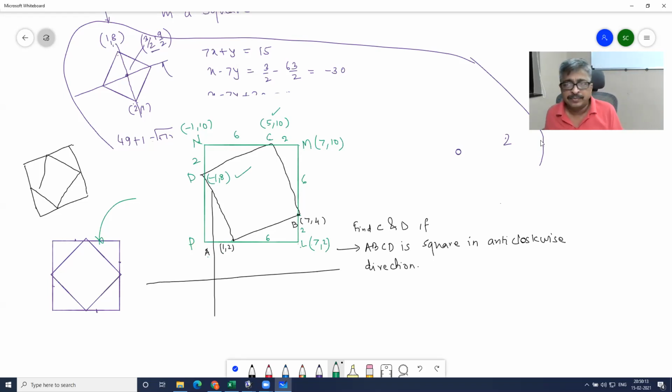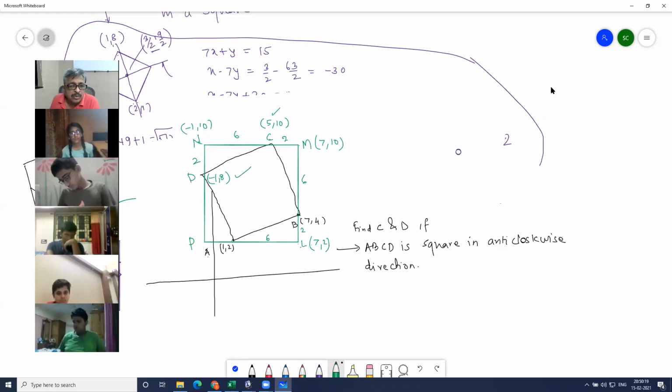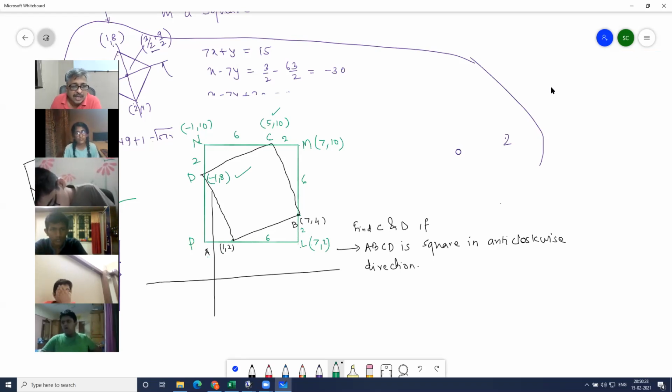Practically orally, but we may make mistakes, therefore we have to draw. Have you understood? This is the simplest. We will do this activity of finding the remaining two vertices a couple more times in 10th standard. But this is the simplest one: 4 triangles in a square.